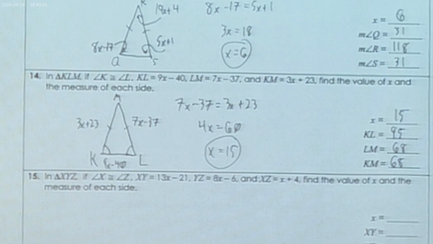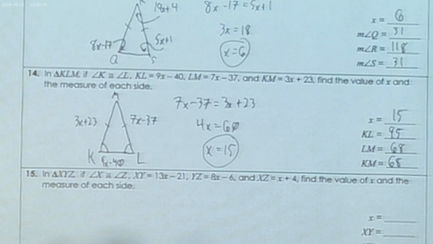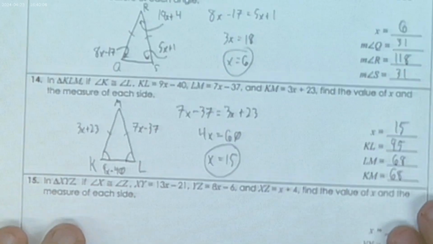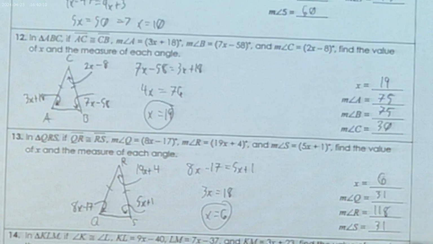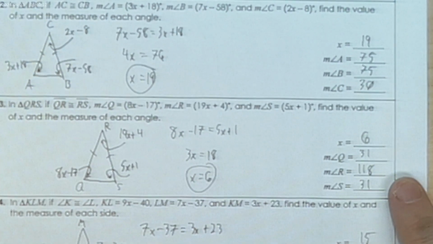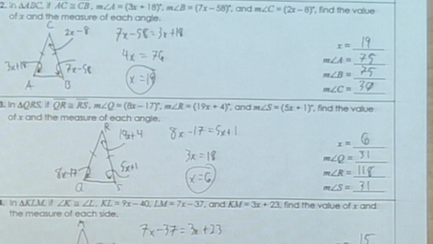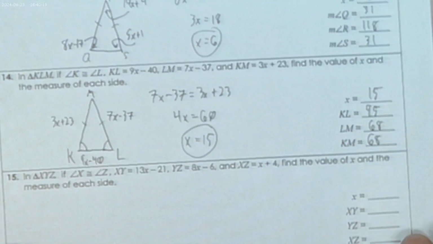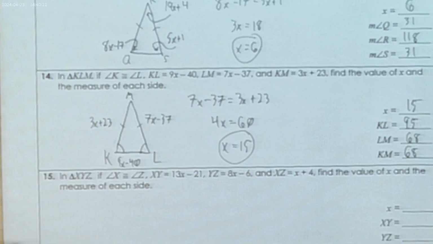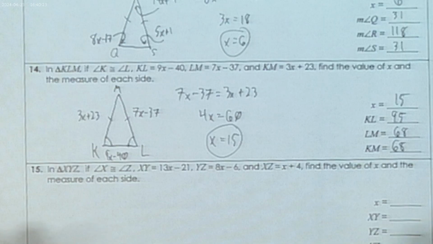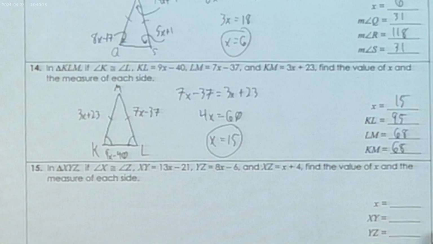The only issue with sides is you really don't know if you have sides right or wrong until you get them graded. With the angles up here, if you add them up and you don't get 180, you know you've made a mistake. The only downside with the sides and these isosceles triangles is you really have no idea whether or not you've made a mistake or not.